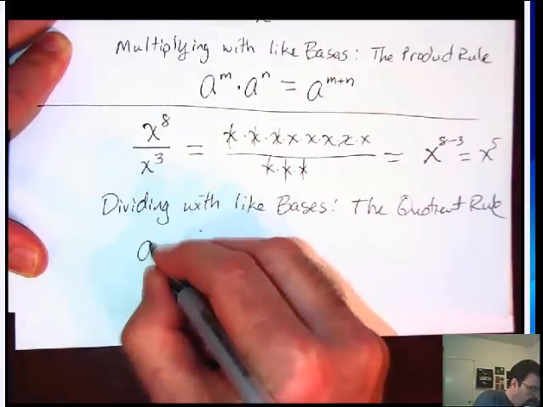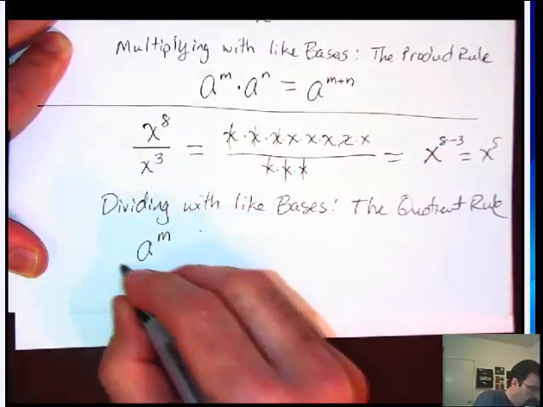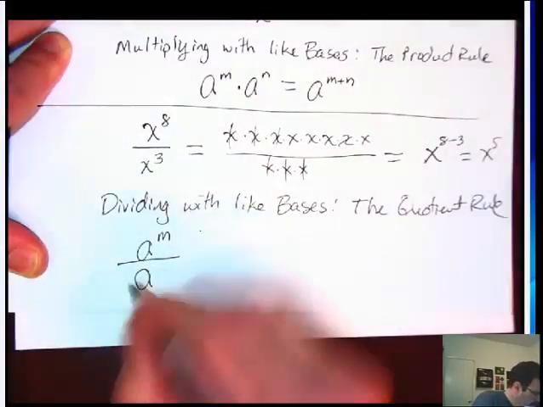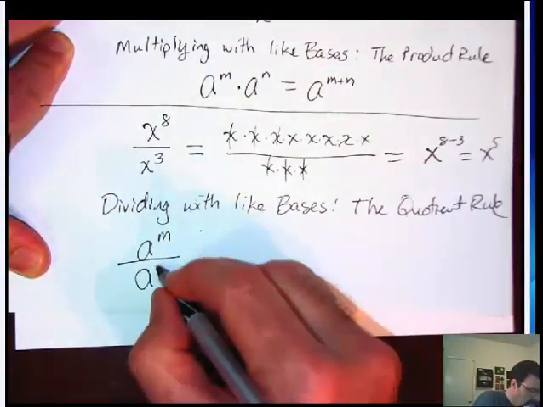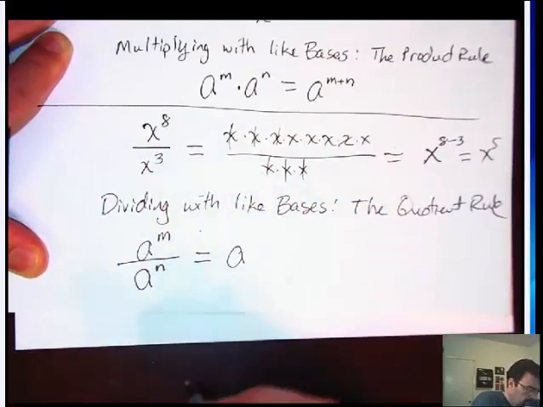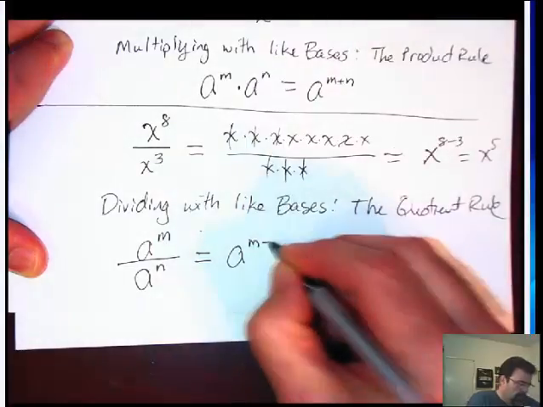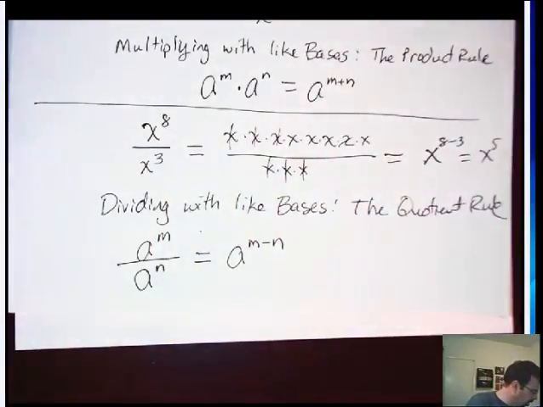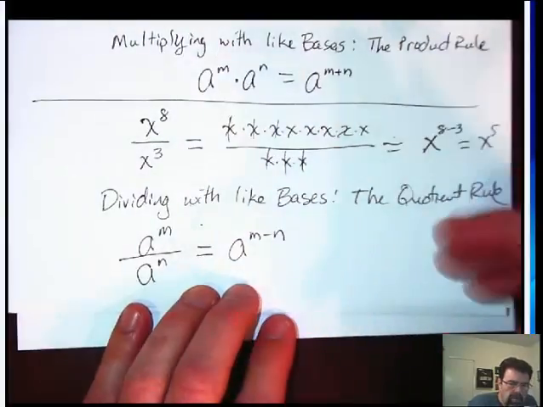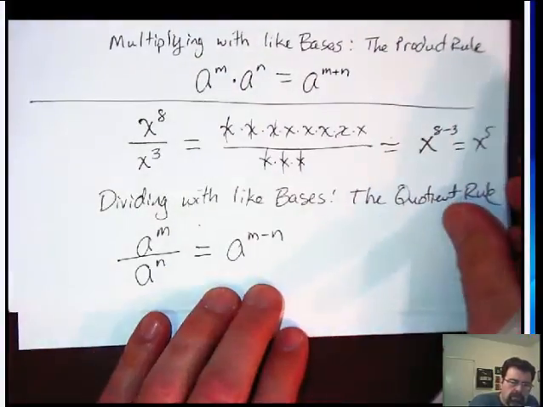So if you take any number to a power and divide it by the same base, you leave the base alone and you subtract the exponents. Okay. And we'll go through all the rules and then we'll do a bunch of examples.